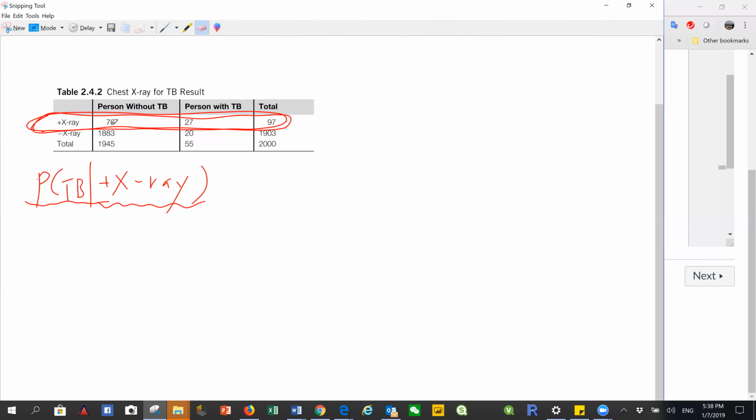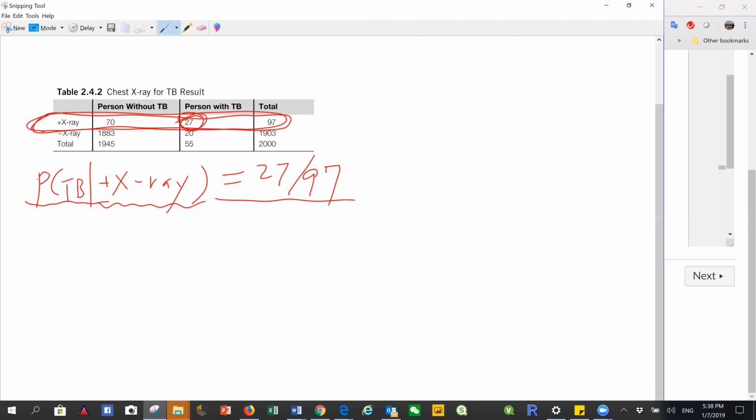Not here, here. Because with tuberculosis, that is 27 over 97. That's the result.